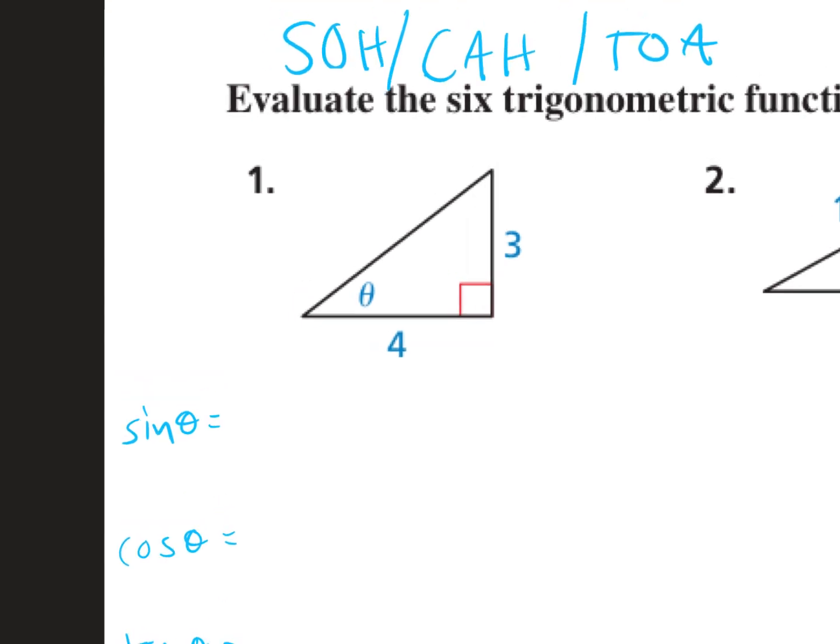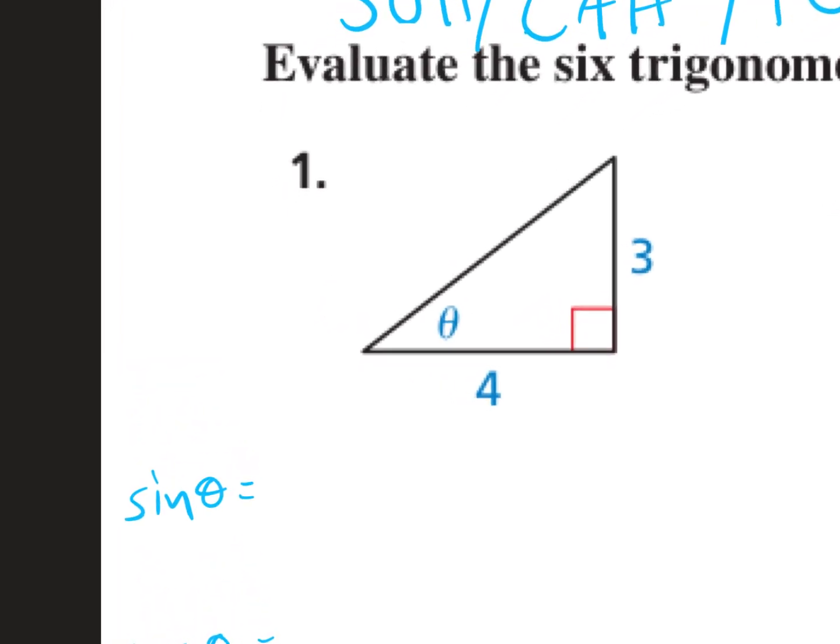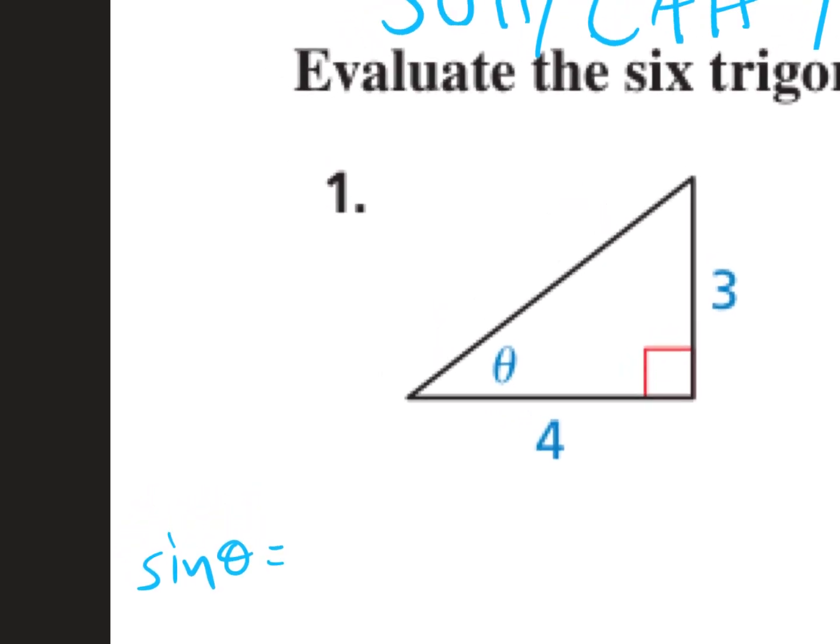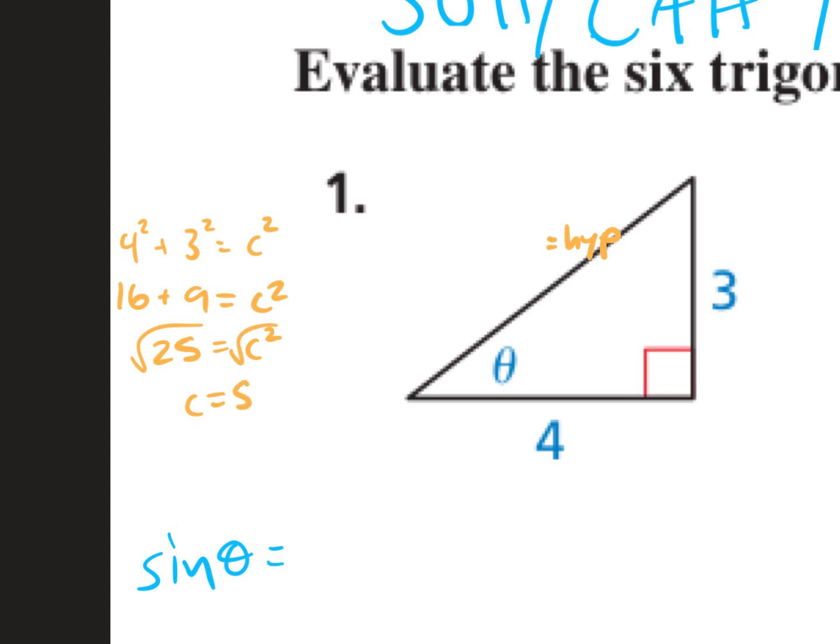Find what c is. I need to find my hypotenuse. So we know that this is our hypotenuse. Let's do Pythagorean theorem to find that. So we have 4 squared plus 3 squared equals c squared. 16 plus 9 equals c squared. 25 equals c squared. So what does c equal? 5. Awesome. So our hypotenuse is 5.